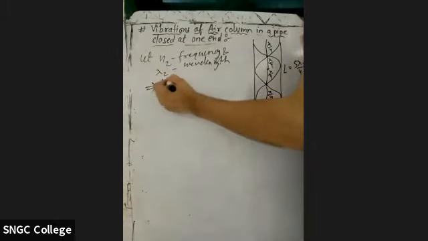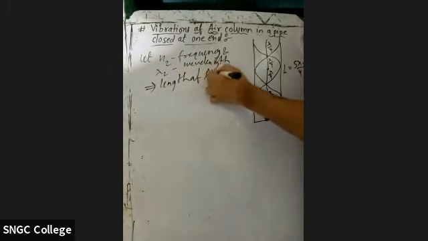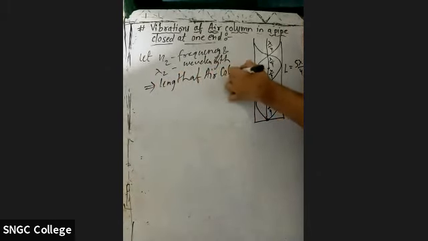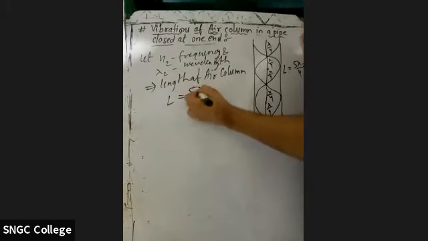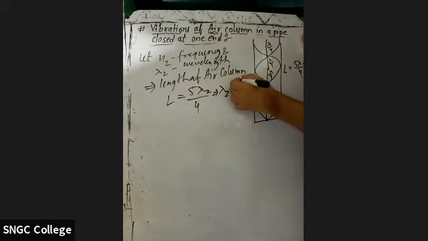The length of air column will be equal to L equal to 5 lambda 2 divided by 4. From here you have to find the value of lambda. So by rearranging you can write lambda equal to 4L divided by 5.